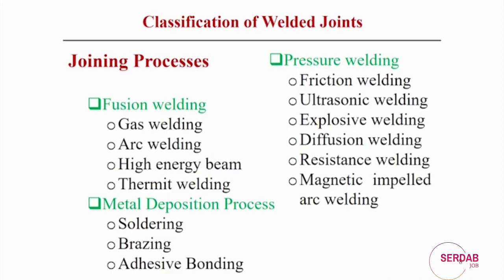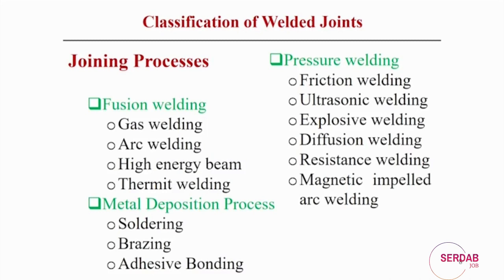But in the case of the metal deposition process, the classification is different. Here, of course, we use an energy source to fuse the solder material, but it does not fuse the base material.